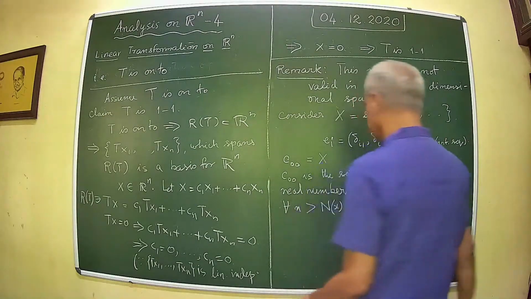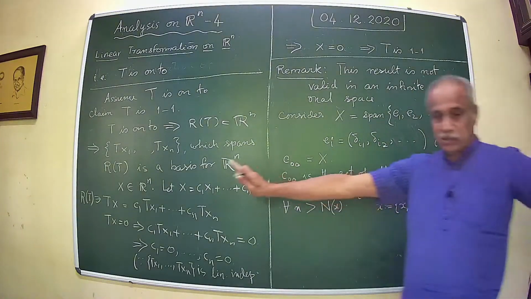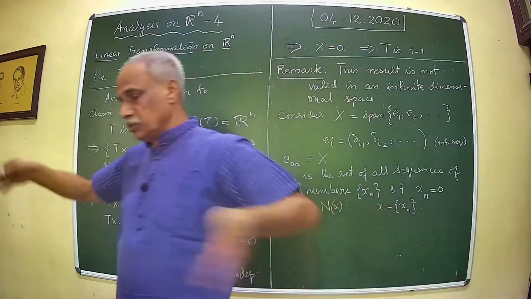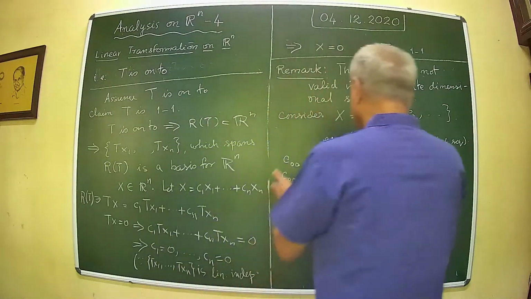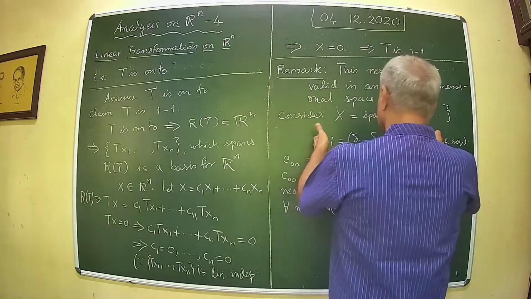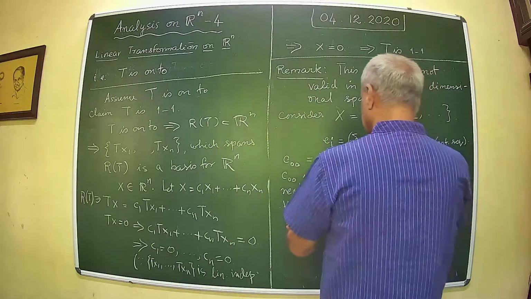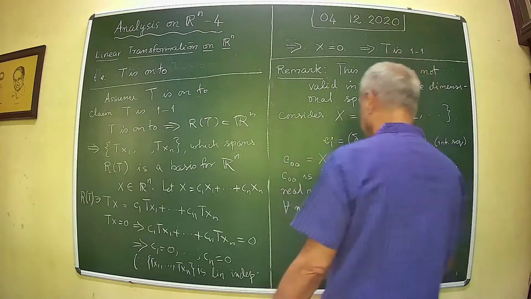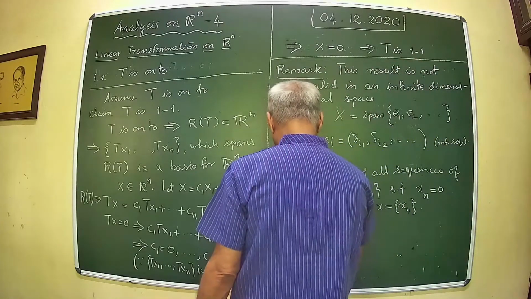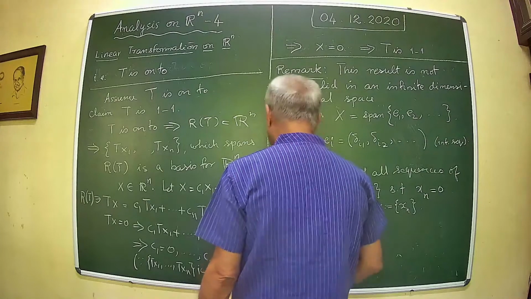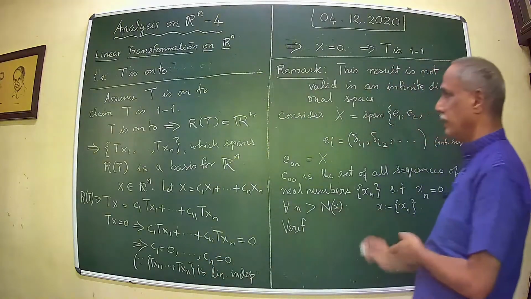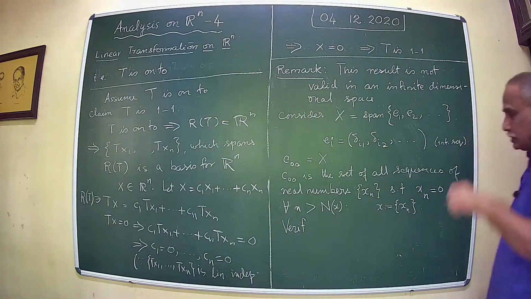That means it's a sequence which vanishes from some stage onwards. So that by making finite sums of this, you can construct this. So you can easily verify that. Slowly stepping outside the finite dimensional spaces.